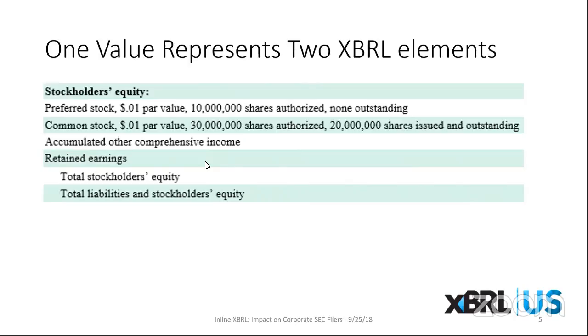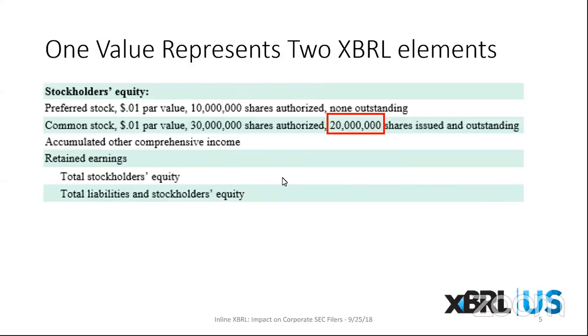So if you look at this slide, the stockholders equity section, there's a 20 million number, and all these numbers need to be tagged, but that 20 million number says shares issued and outstanding. So there's one number there, but it really represents two XBRL elements. Common shares issued is the first element, and then common shares outstanding is the second element that is actually required to be tagged.